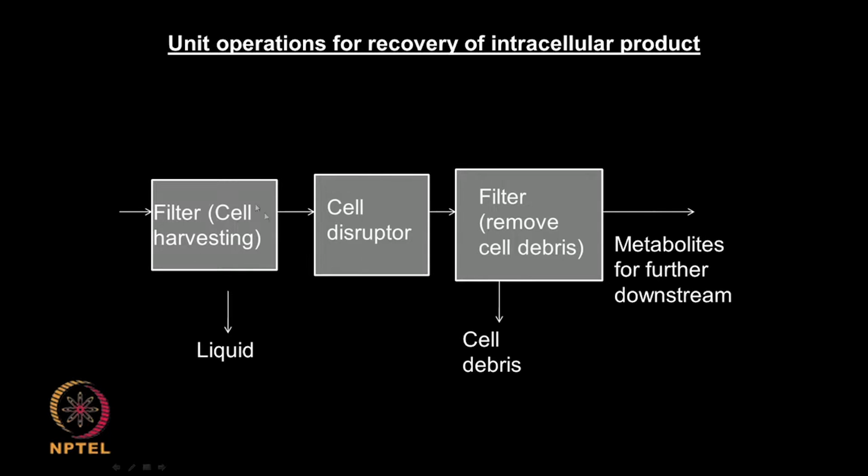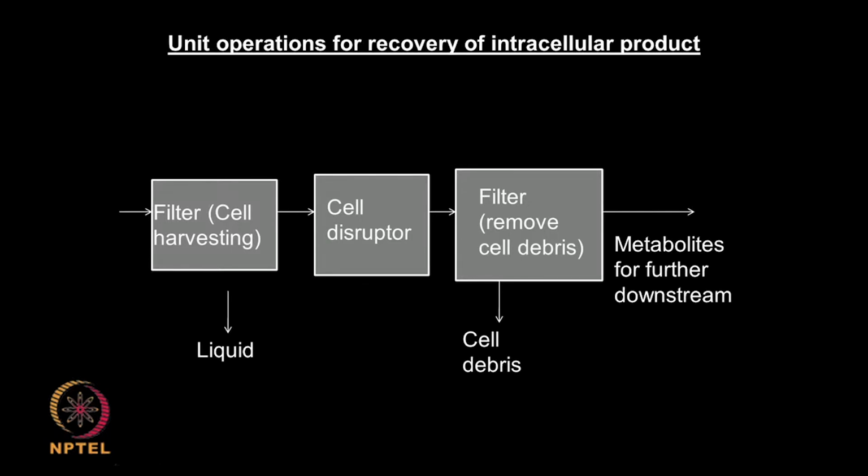So, what do we have to do? After the fermentation, we have to harvest the cells, which is generally done through centrifugation or filtration. Throw the liquid out, collect the cells, and break, disrupt or homogenize the cells. Then you again use a filter to remove the cell debris, dead biomass and so on, and get your metabolites in the liquid for downstream processing.